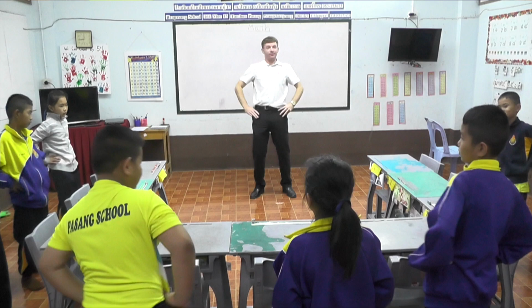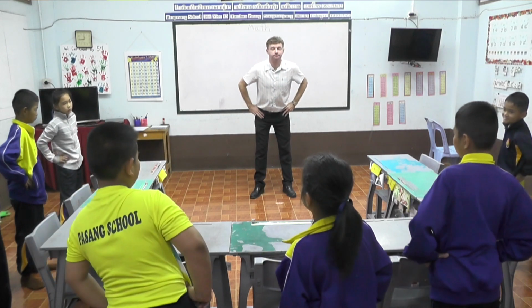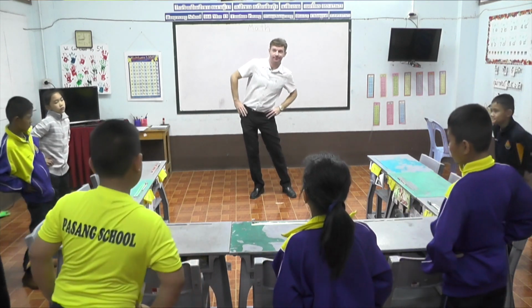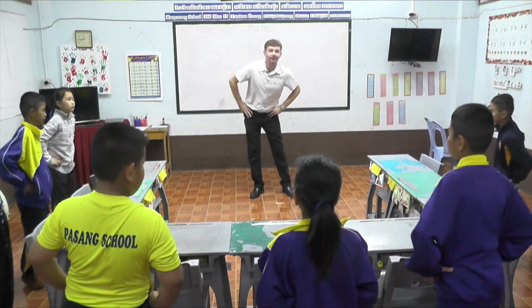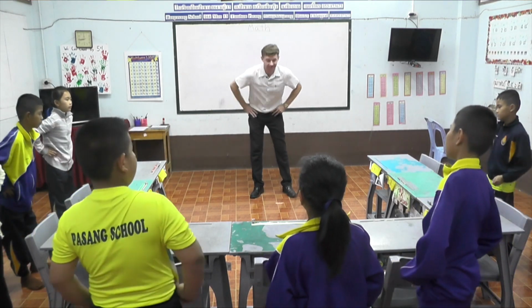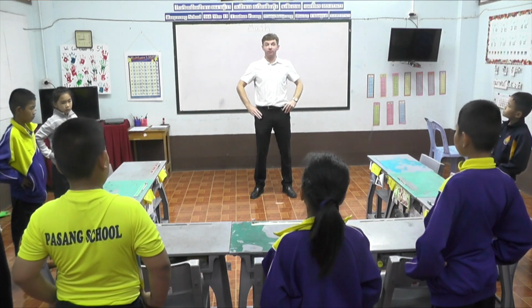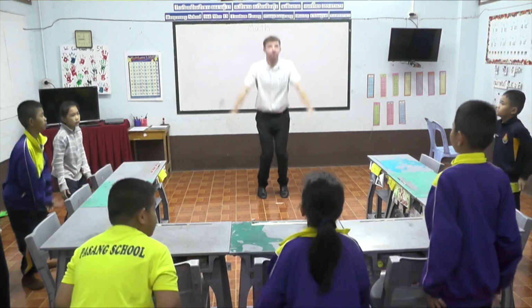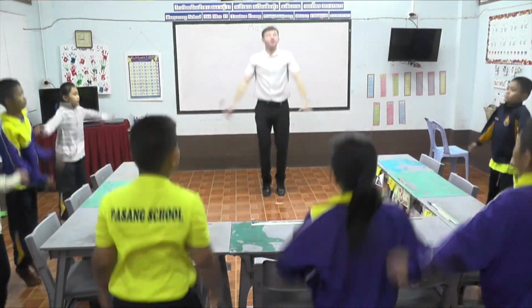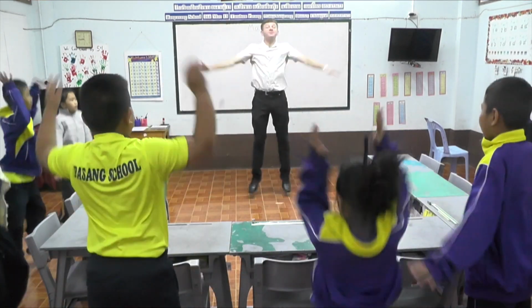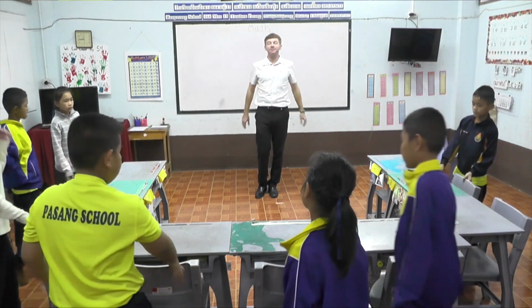And stop. We go back the other way. Round and round. And stop. And to finish, we'll do 5 star jumps. 2, 3, 4, 5. Excellent guys, have a seat.